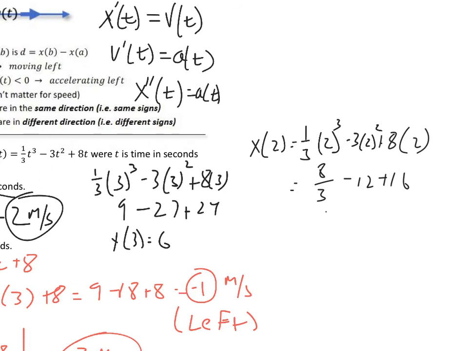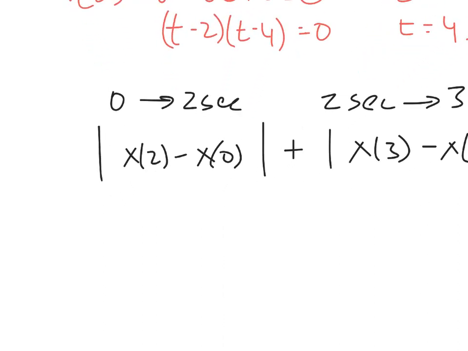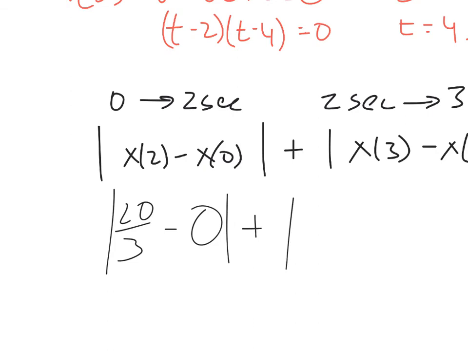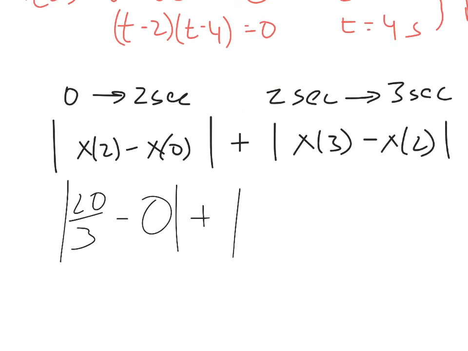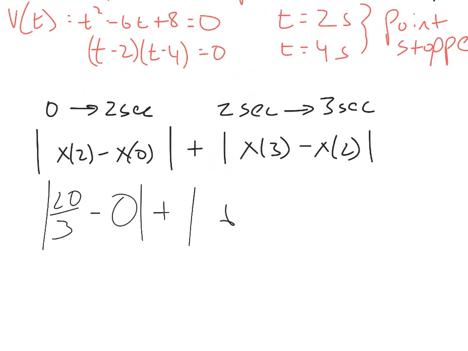So we've got 8/3 plus 4. 4 is 12/3. How about 20/3? It's about 7, yeah? All right. So we've got 20 thirds minus 0, because x of 0 was 0, plus x of 3, which was 6. Yeah, it was 6. So 6 minus 20 thirds.